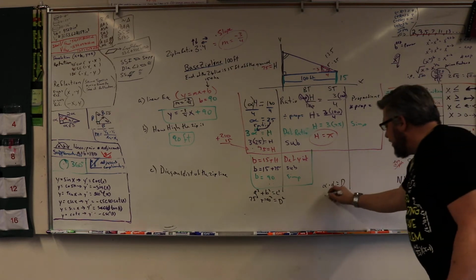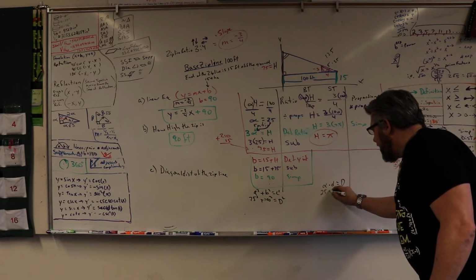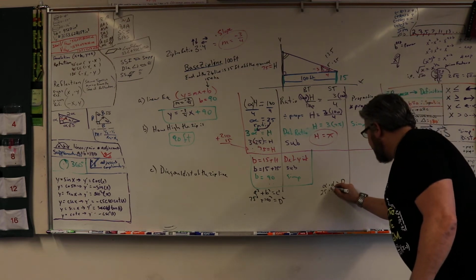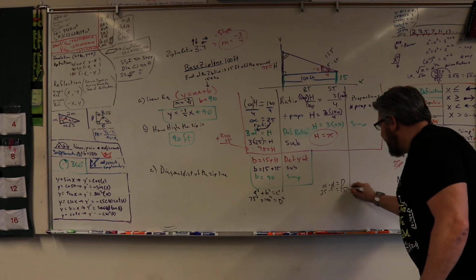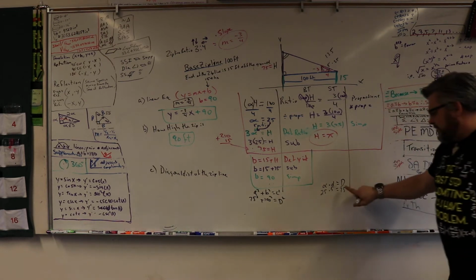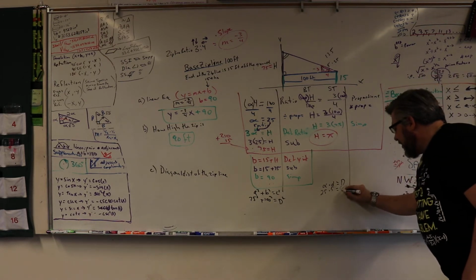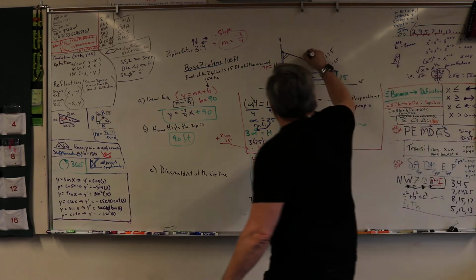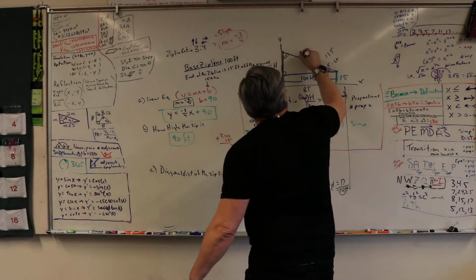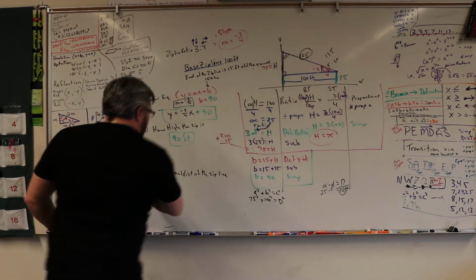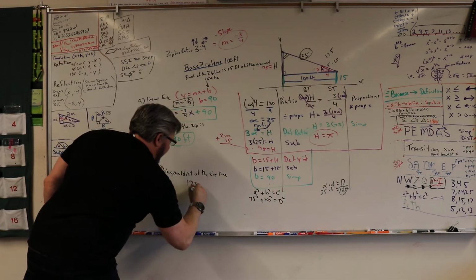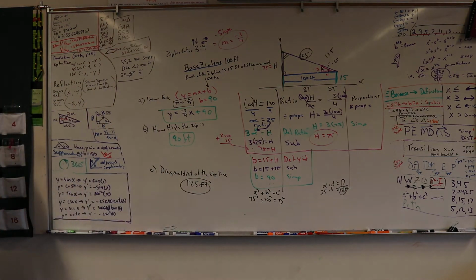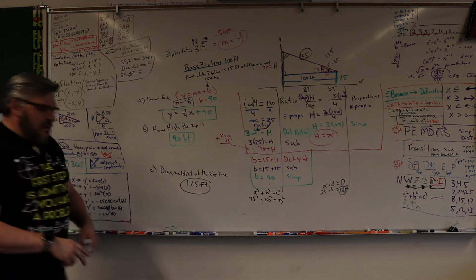So in this case, 25 times 5 equals, oh sorry, 125. What am I doing? 125 is your diagonal. So 125 feet of rope is what you need to buy in order to have your zip line.